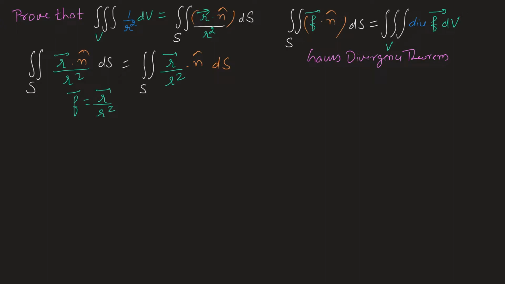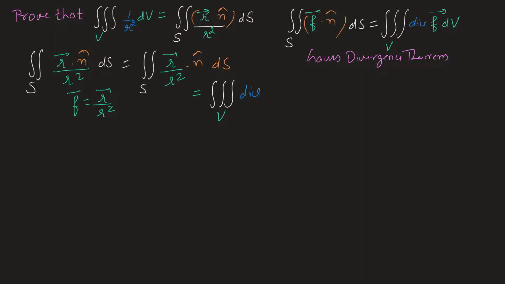So now applying the divergence theorem. What the divergence theorem states is that this will be equal to the triple integral over volume V of the divergence of this vector field. The vector field in this case is r by r square.